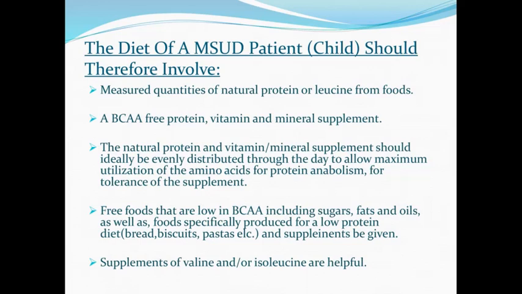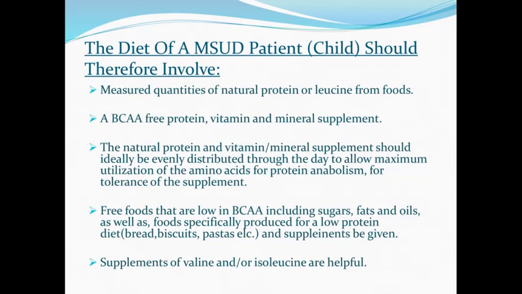BCAA or branched-chain amino acid free protein, vitamin and mineral supplement should be given. The natural protein and vitamin mineral supplement should ideally be evenly distributed through the day to allow maximum utilization of the amino acids for protein anabolism, and also for tolerance of the supplement.